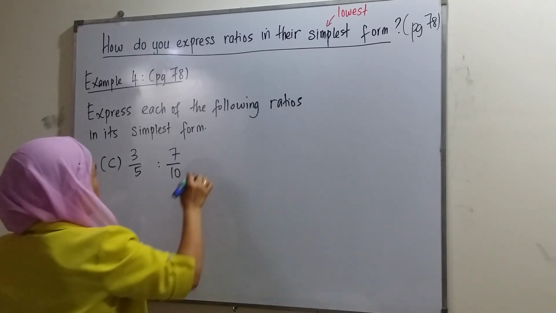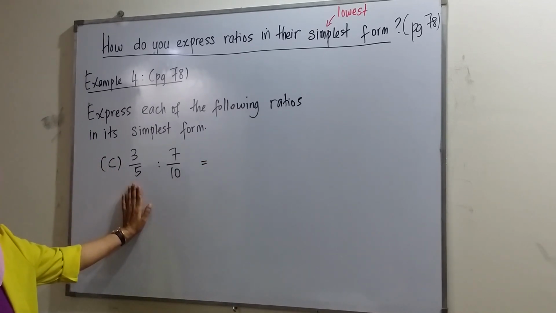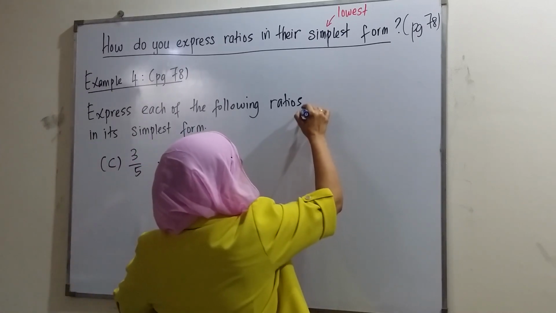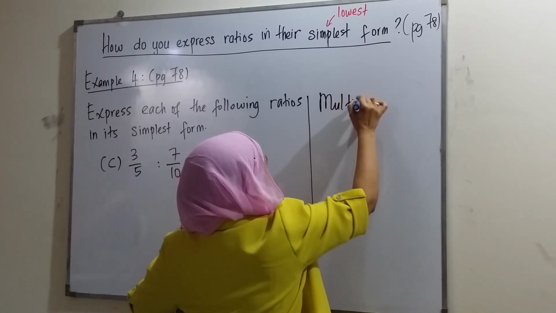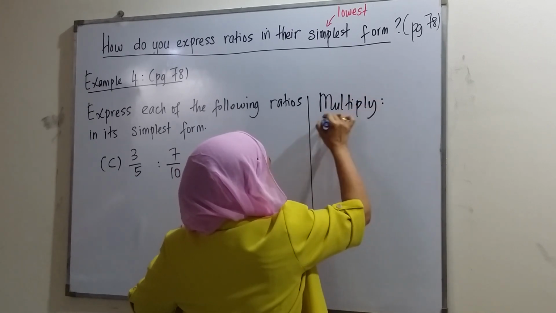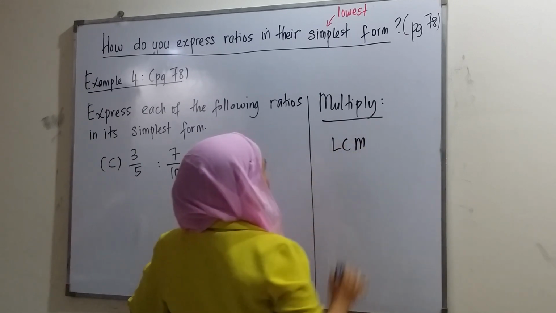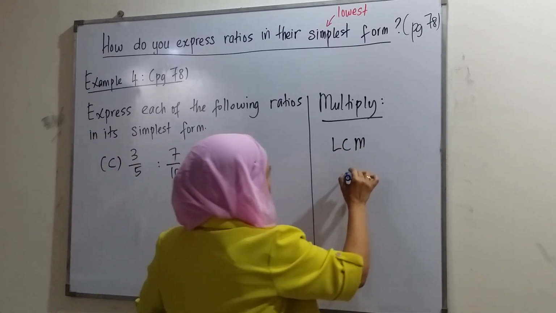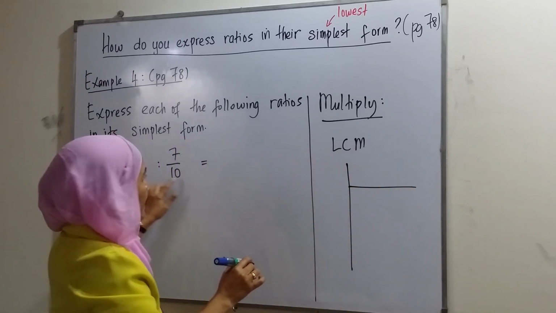Okay, to get rid of the fraction, we have to multiply. Multiply with a number. So when multiply, we need to find the lowest common multiple. So how to get the lowest common multiple? Okay, 5 and 10.